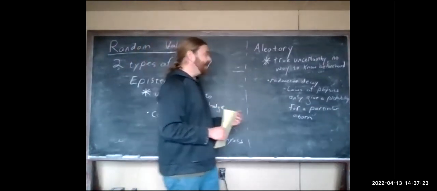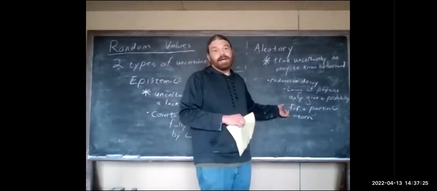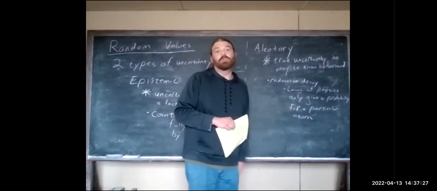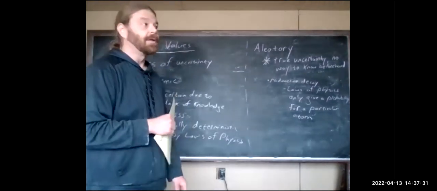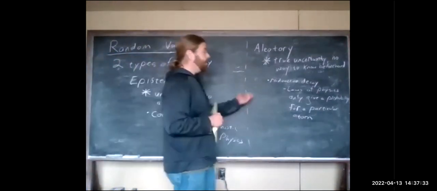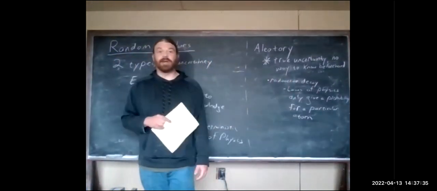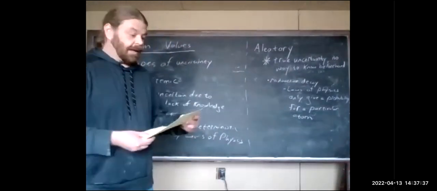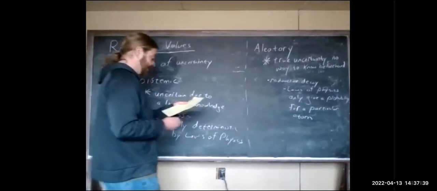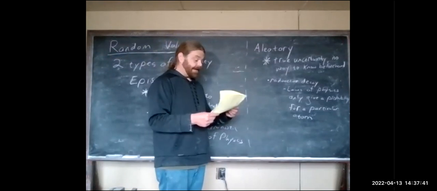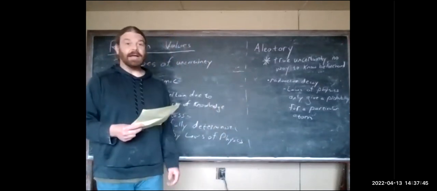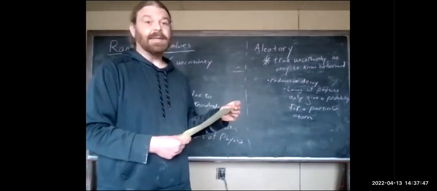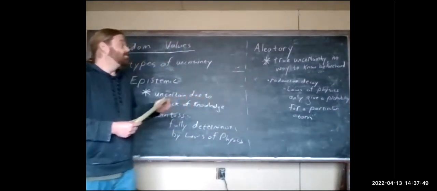But we can't say anything about a particular atom. We have no idea when a particular one will decay. But we can give the probability for every single one. And we know it's going to happen to the accuracy that's what our clocks are based off of. We base our clocks off that. We know it's going to happen, but we can't make that final prediction. Best we can do is probability. It's truly random.